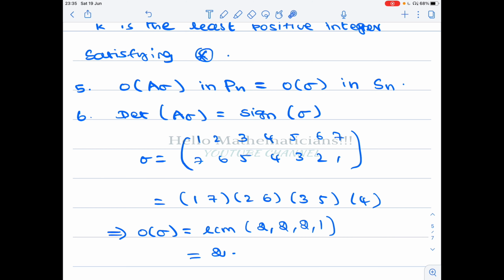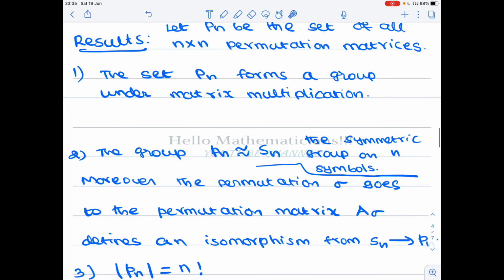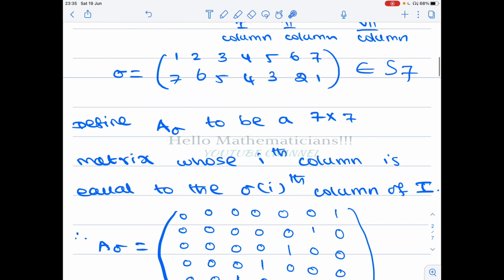That means that A sigma squared equals identity. So A sigma power 7 equals (A sigma squared) cubed times A sigma, but A sigma squared is identity because the order of A sigma is 2. Therefore identity cubed is identity, so we just get A sigma. So A sigma power 7 equals A sigma, but A sigma is not the identity matrix, because we have explicitly calculated the matrix A sigma.